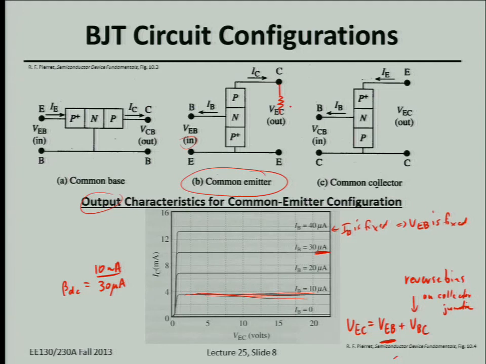What we usually do is we connect a resistor to the output, and so the voltage drop across this load resistor can change quite a bit compared to the voltage change at the input. So you get some signal gain that way.